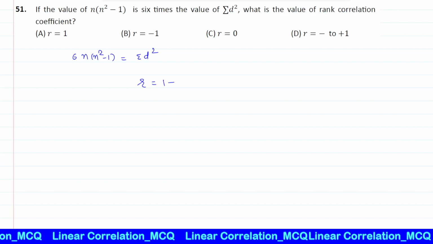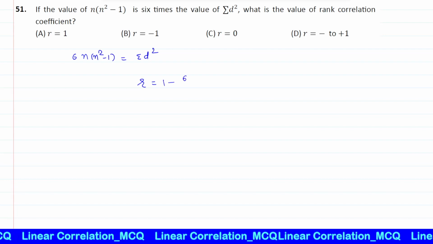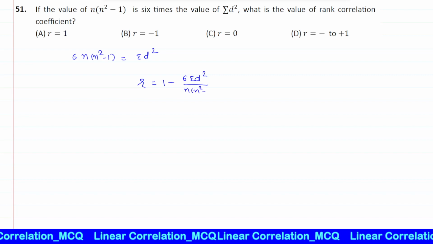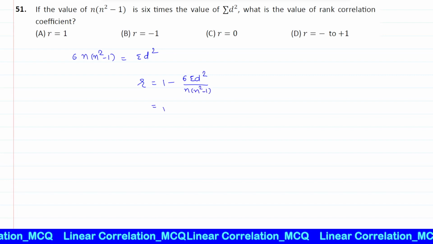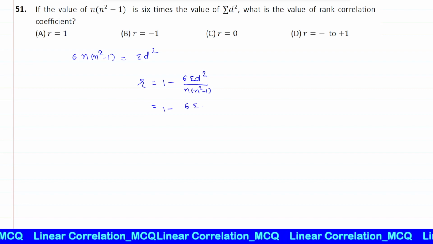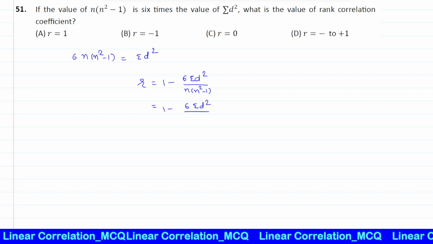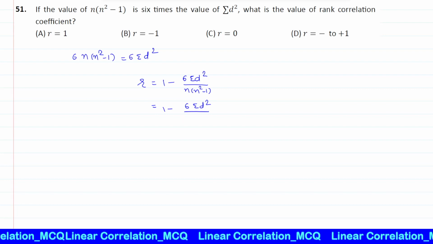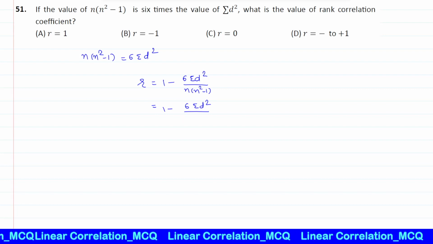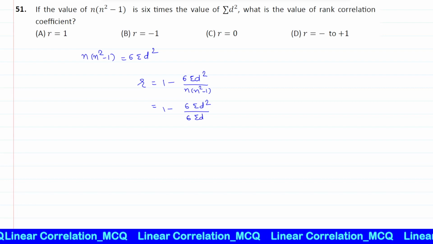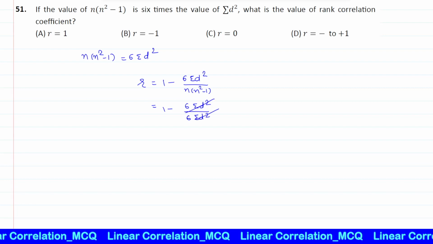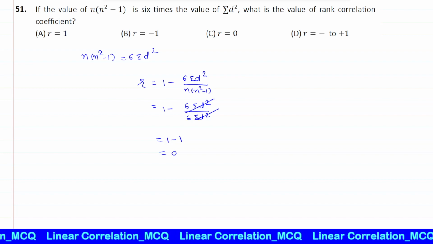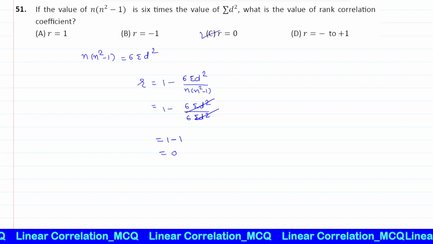R equals 1 minus 6 sigma d square upon n(n square minus 1). Here n(n square minus 1) is also 6 sigma d square. So 6 sigma d square and 6 sigma d square cancel out. So 1 minus 1 equals 0. So option C is correct. R equals 0.